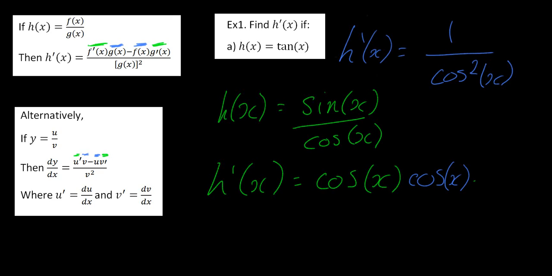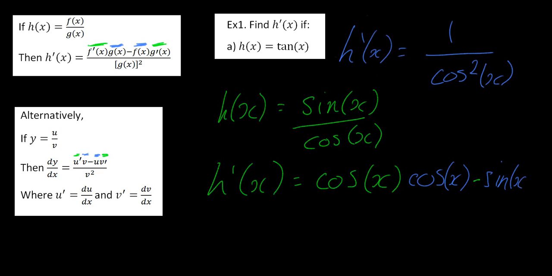So leaving the numerator will give us sine x. And differentiating the denominator over here is going to give us negative sine x. Now, since this is the case over here, we're leaving sine x here, so let's just go back and color this in blue. This is sine x.